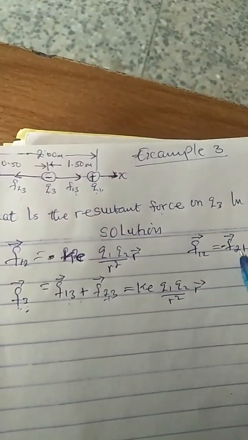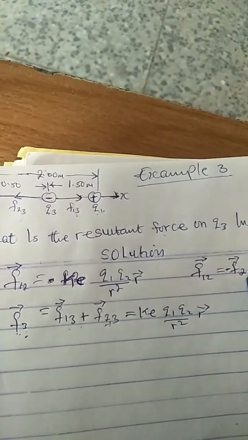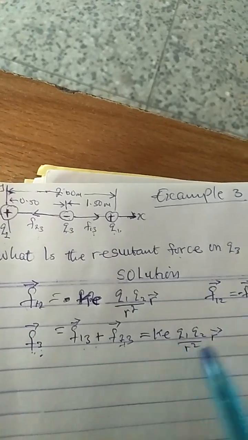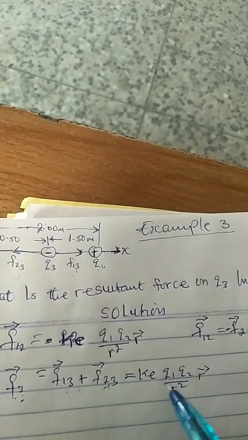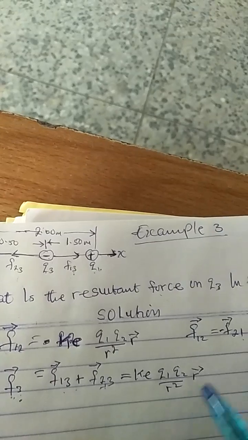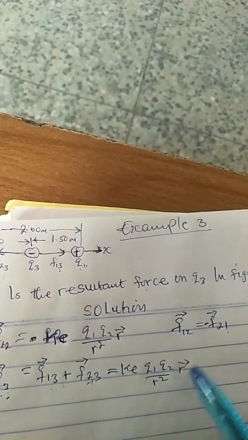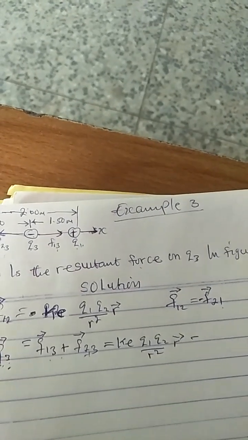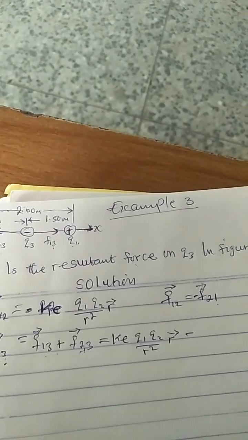Now we are going to apply this law. Using it, this F12 is equal to KE Q1 Q2 over R square, vector R, minus, as you can see from the formula, we have minus F21.